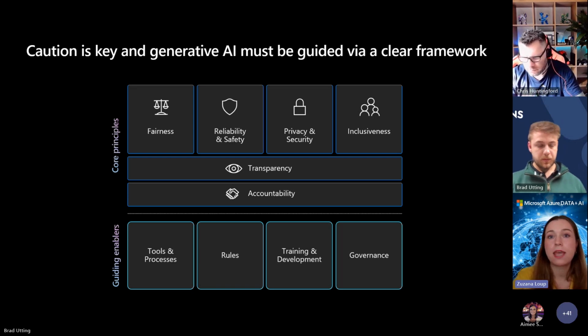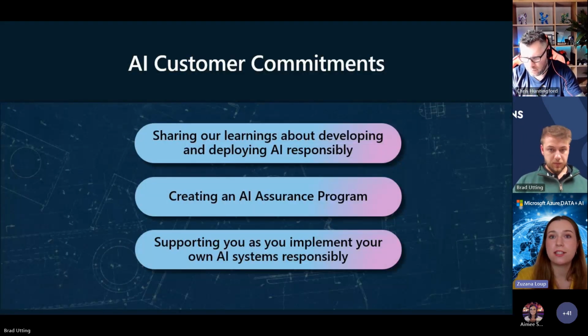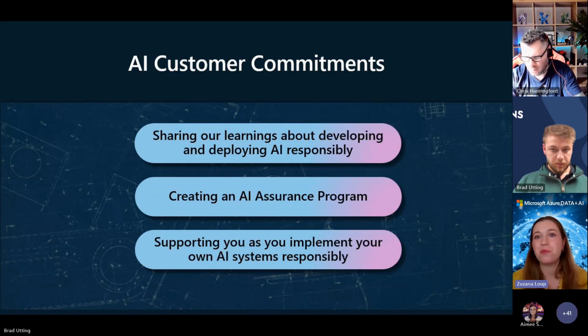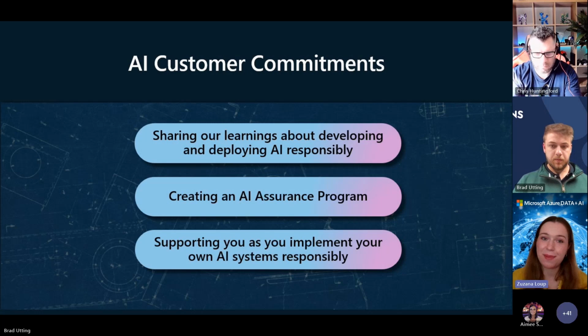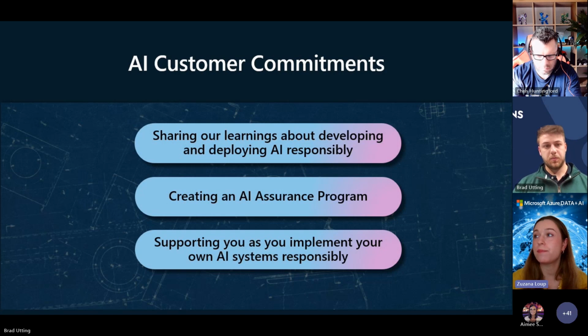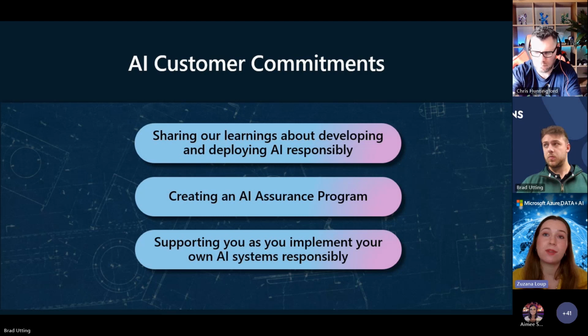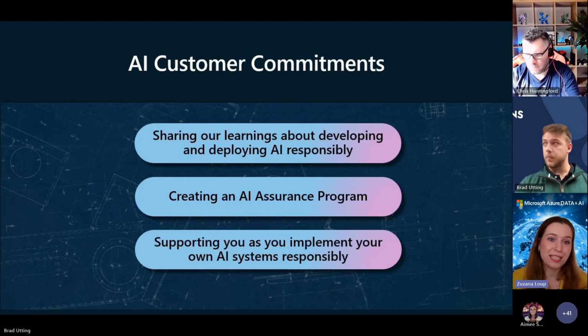Just very briefly, I did mention that it's very key that we will be sharing the learnings. You can expect communities being established across the world. I know there's a commitment to establish more people in various regions to make sure that we are working with the communities, with a partner network, on establishing the responsible AI community.